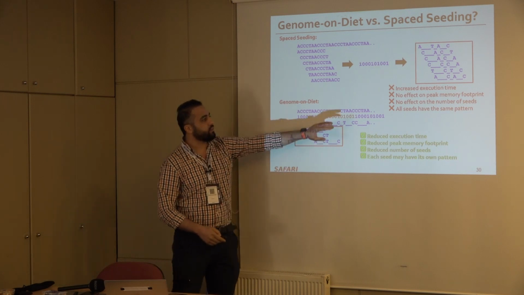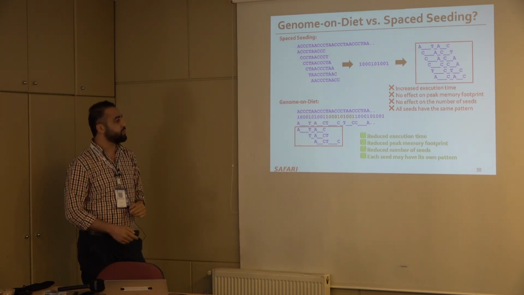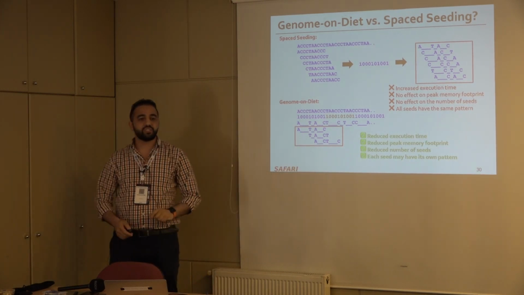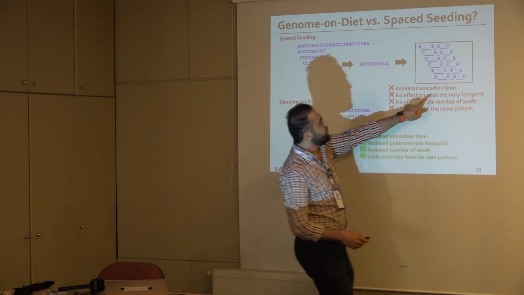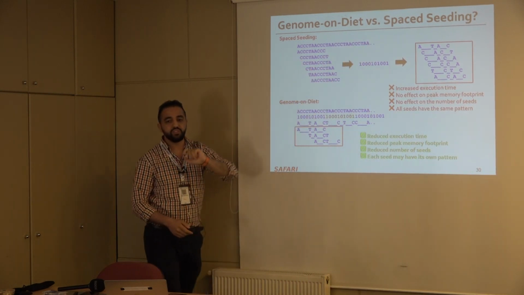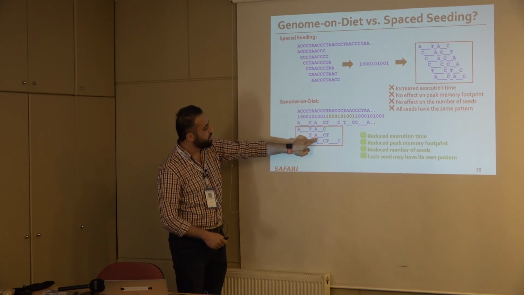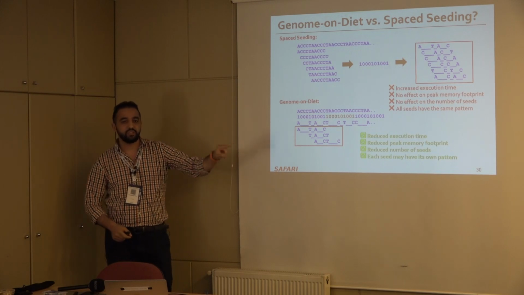Now, there are other important differences between spaced seeding and Genome on Diet. For example, in Genome on Diet, each seed receives its own pattern. So here, the pattern used was 1, triple zeros, 1, 0, 1, and so on. But here you can see that this seed receives, for example, 1, 0, 1, and so on. But here, 1, double zeros, double ones, and so on.